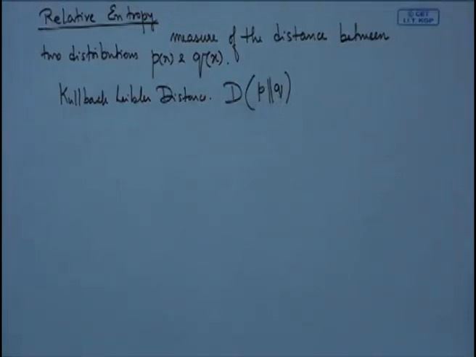Now you can easily calculate distance between two points, but the distance between two distributions is not very easy to find. So there is a specific definition to it, and that is the particular definition we are looking at in this case.